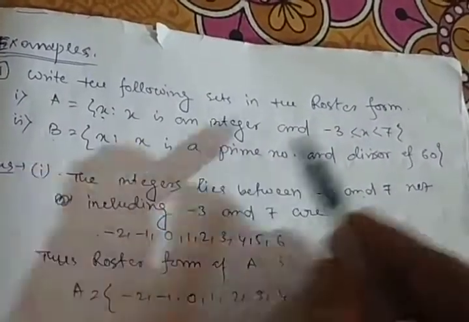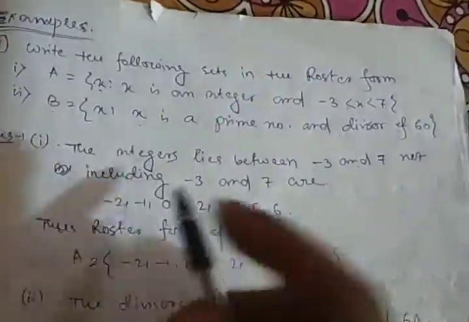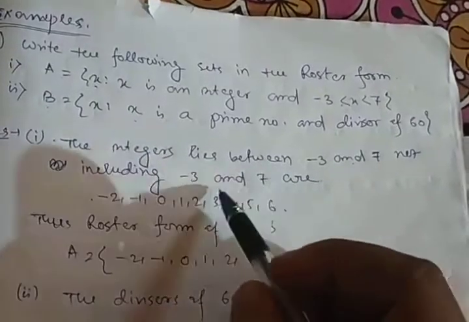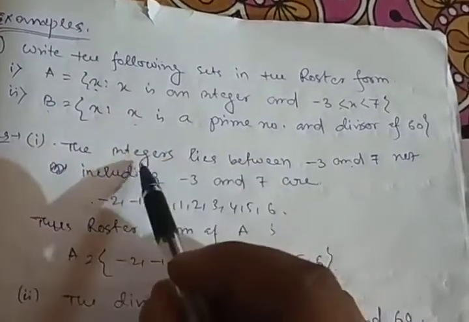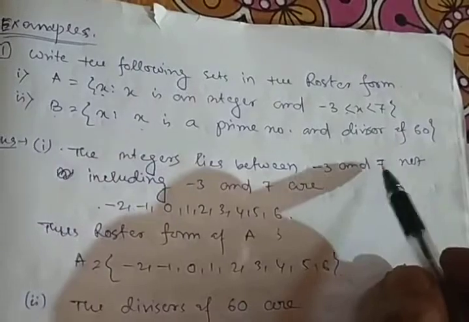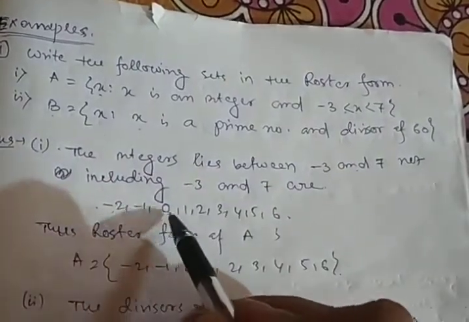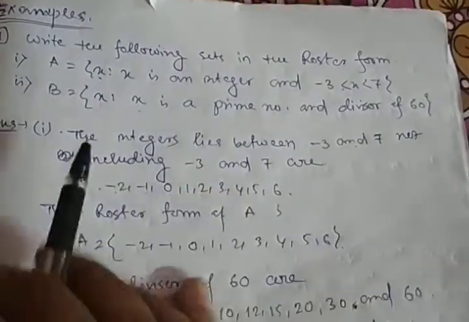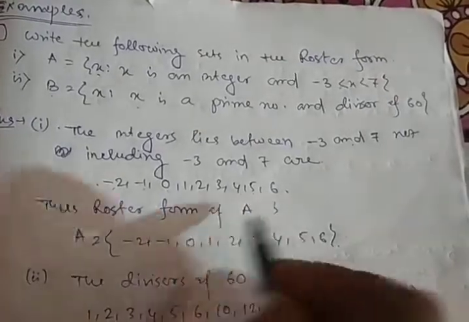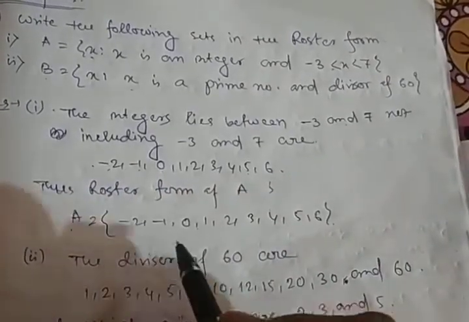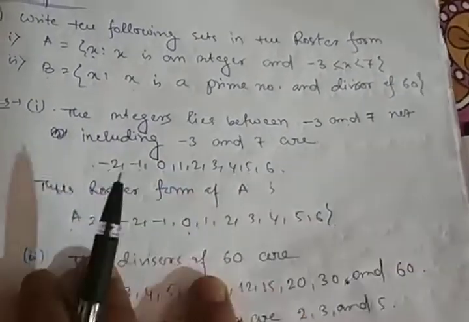So -3 and 7 are not included in the count. The integers between -3 and 7 are -2, -1, 0, 1, 2, 3, 4, 5, 6. So the roster form of A is A = {-2, -1, 0, 1, 2, 3, 4, 5, 6}.